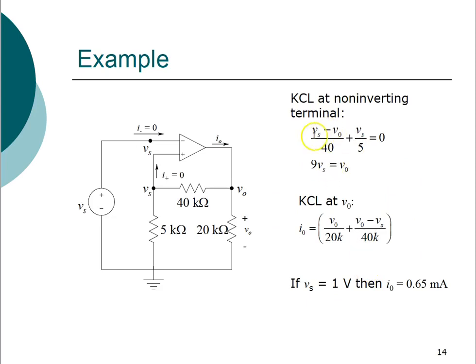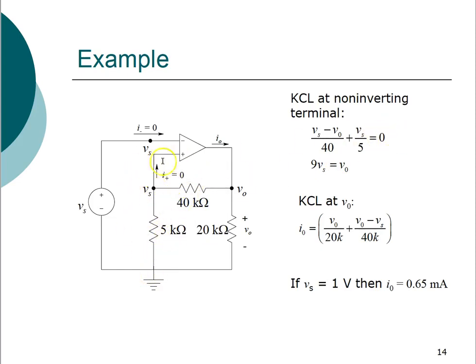So as you see here, we are basically applying KCL at this particular node. Vs minus V naught upon 40 kilo ohm, and this Vs minus 0 volts upon 5 kilo ohm will be equal to 0.